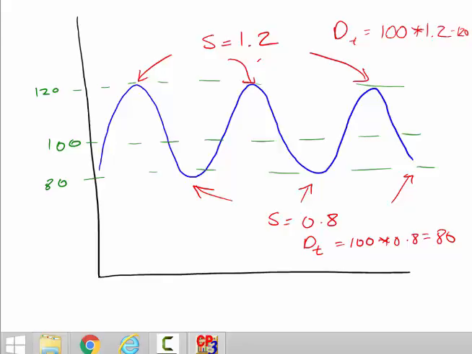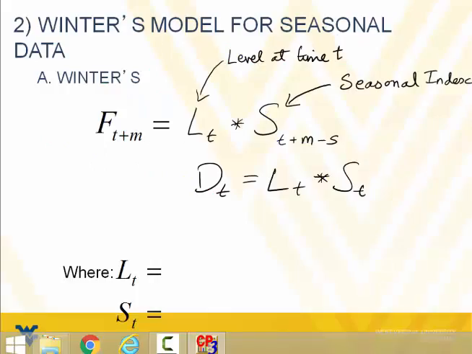So, if everybody's okay with this, I'll move on to our example or the calculation of our components. So that's the demand defined by the level and the seasonal index. Now, with simple arithmetic, just rearranging these terms, I can also calculate what the level term is, which is the demand divided by the seasonal index.